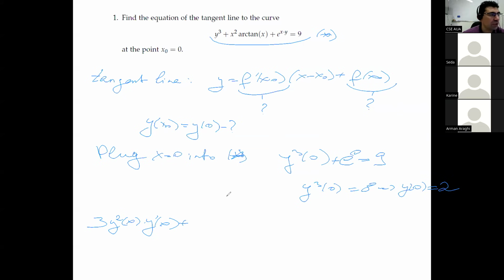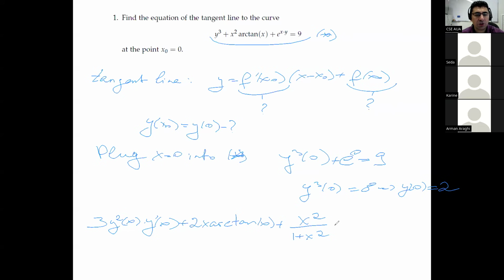The formula for the derivative of a product says the derivative is 2x times arctangent x plus x squared multiplied with the derivative of arctangent. Remind me what is the derivative of arctangent? 1 over 1 plus x squared. Thank you.